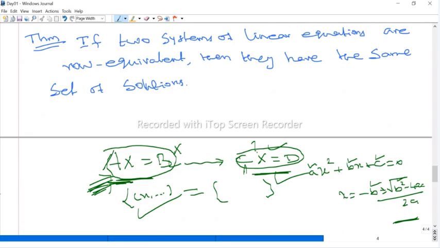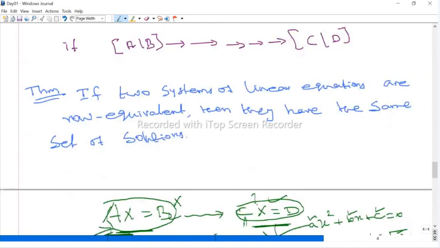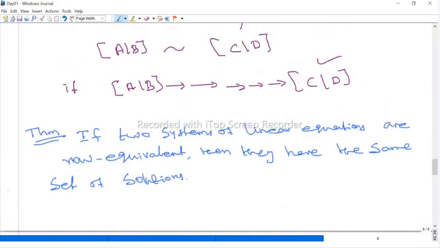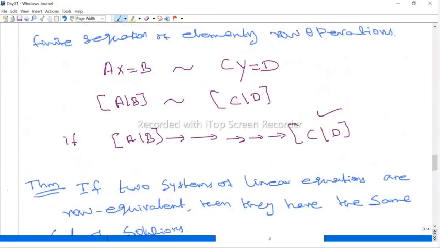So this theorem is very important. If two systems are row equivalent, then the solutions are the same. Why do we need this? Because some problems are very difficult to solve directly. Therefore, we have to convert that problem into a simple problem, so we need some tool to convert. That tool is the elementary row operation. If you apply elementary row operations to the given system, it reduces to some simple system.